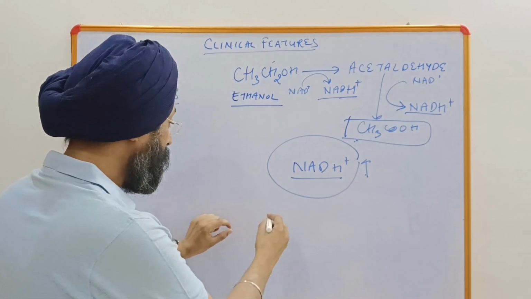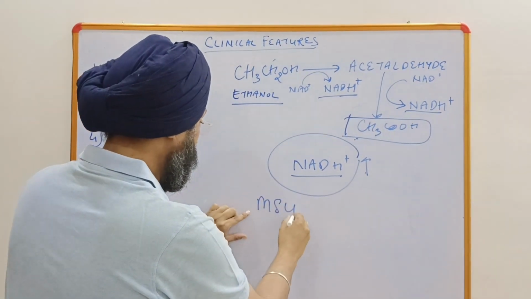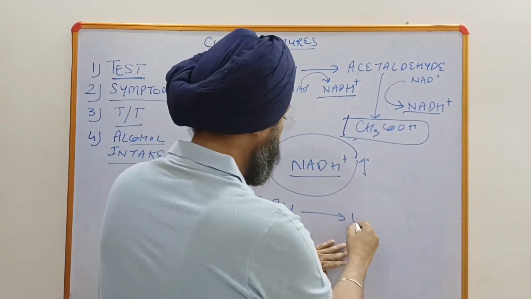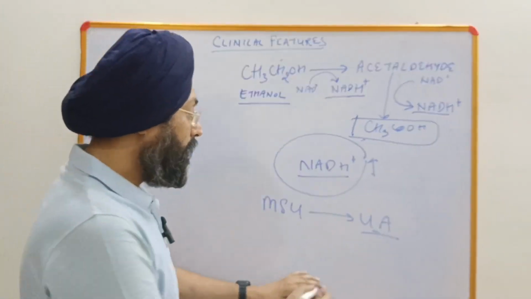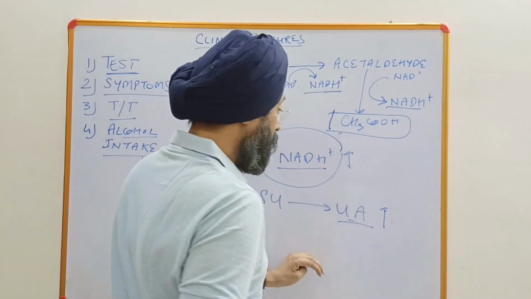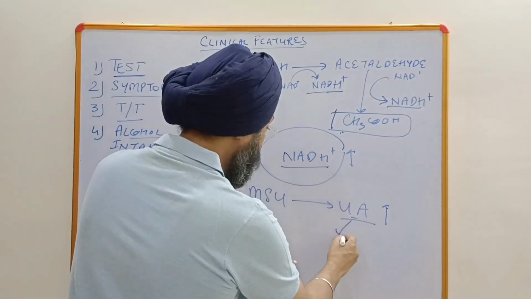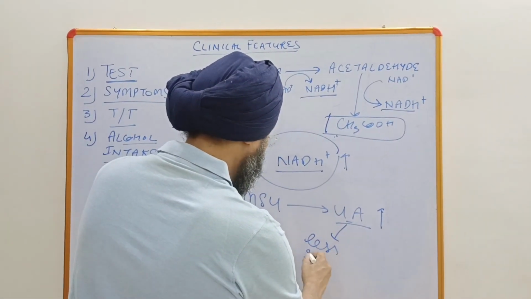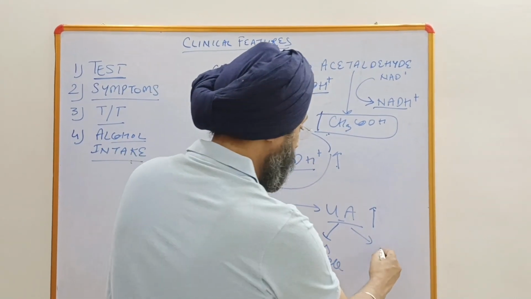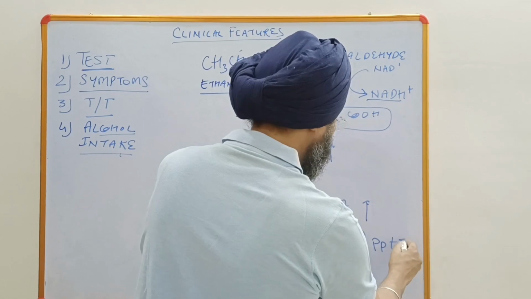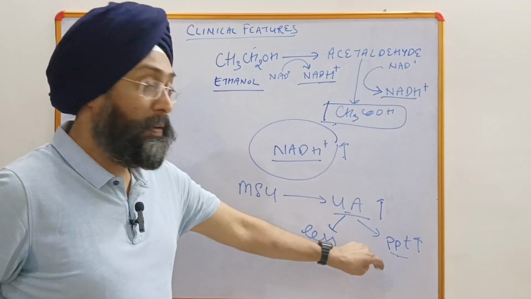So this causes monosodium urate to get easily converted to uric acid, right? The increased uric acid, because uric acid is less soluble and easily precipitable, the symptoms of gout will appear, right?